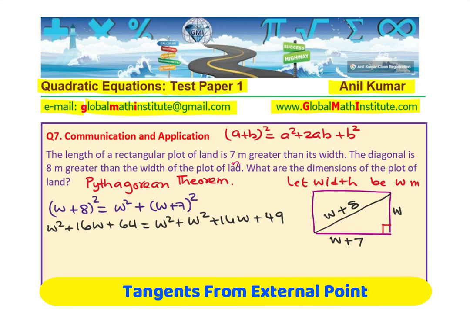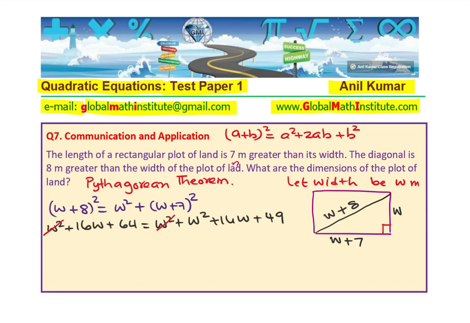Now we can bring all these W's on one side and then it becomes a quadratic equation to be solved. Perfect. So we have two W squares here, so rather I'll just cancel this with this, simplify it, right? So we'll take these terms on the left hand side and we have W square now on the left hand side, 14W plus 49.